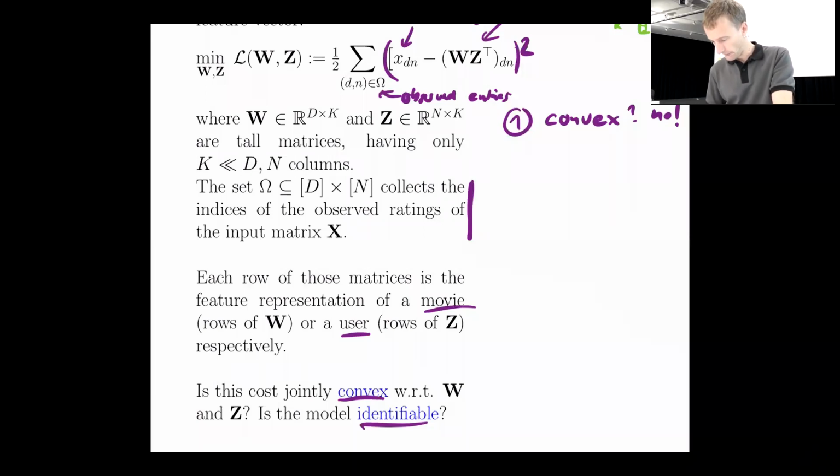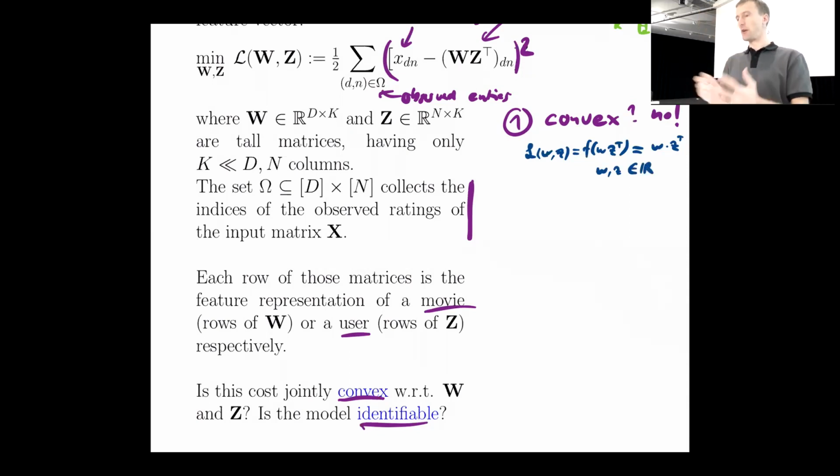So one easy example is if you just imagine W and Z. Let's define f of W and Z to be W times Z. In the simplest case, these matrices are so small that they're just numbers, right? So the Z matrix is a 1-by-1 matrix. The W matrix is a 1-by-1 matrix.